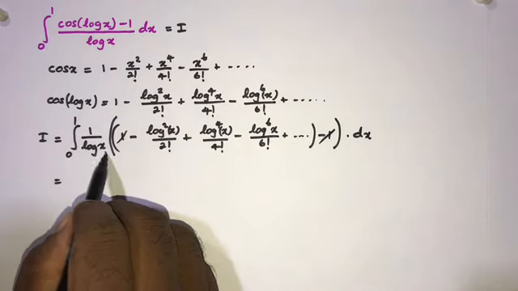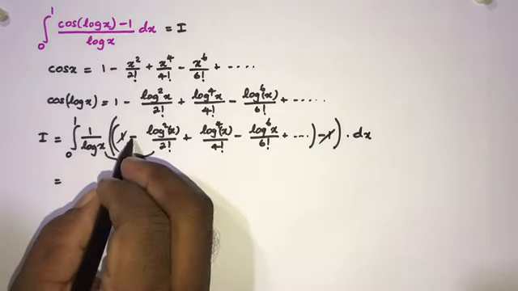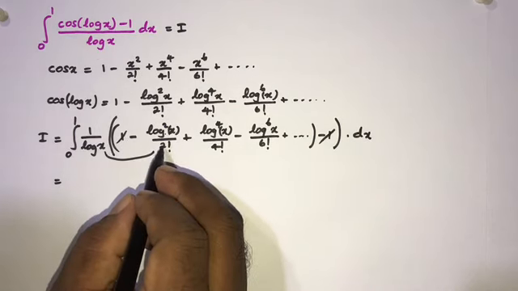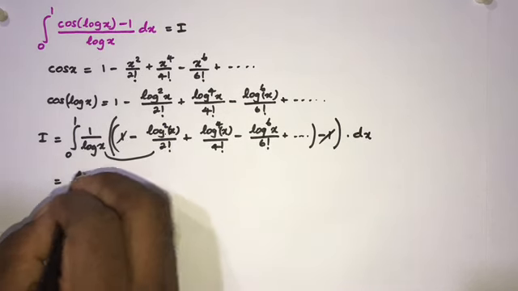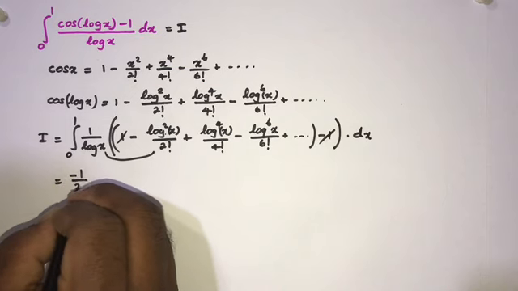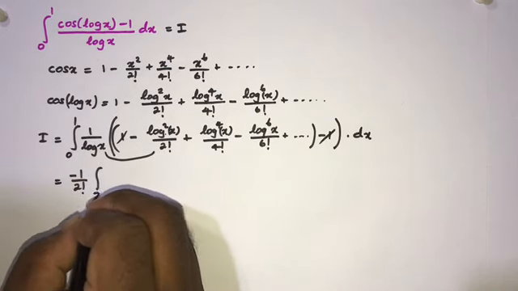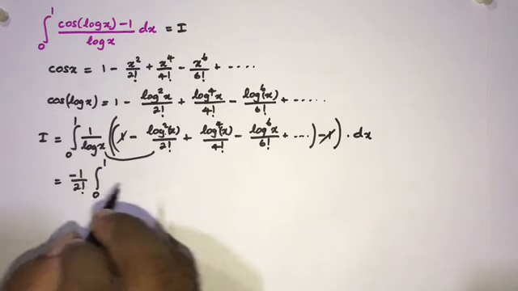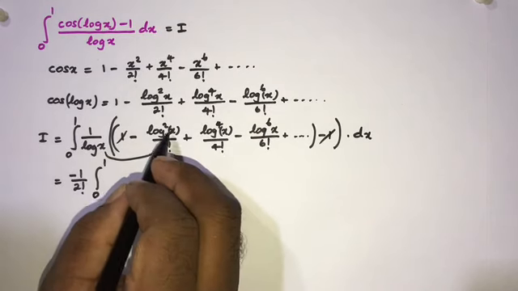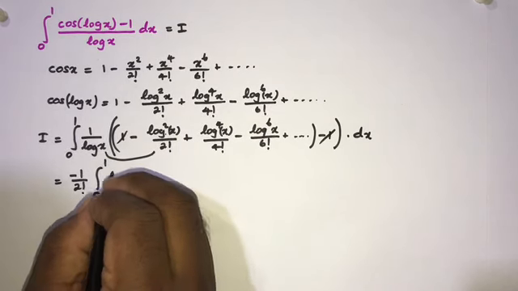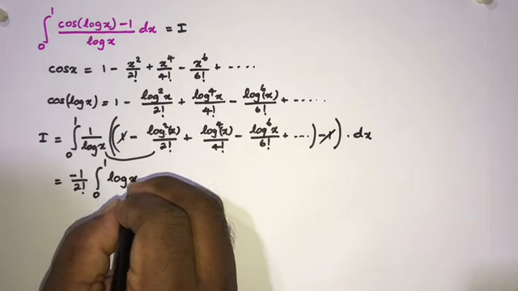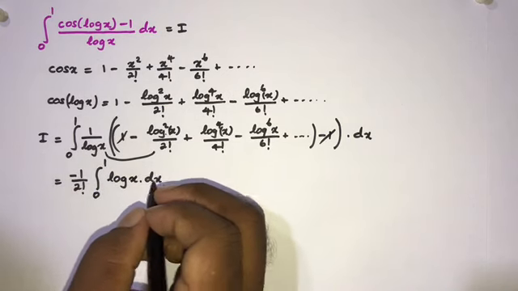If you multiply this, we have a minus sign, and 1 over 2 factorial is a constant, so we can write it outside of the integral sign: minus 1 over 2 factorial times the integral from 0 to 1. Now log x gets cancelled, so here we have natural log of x dx.